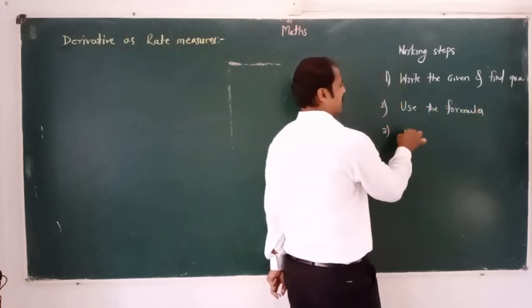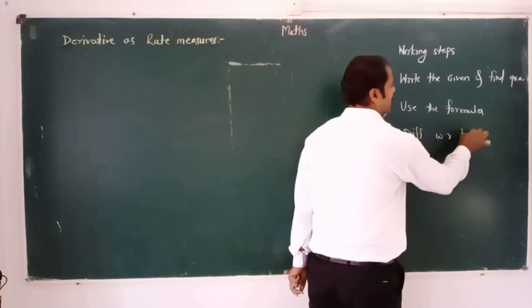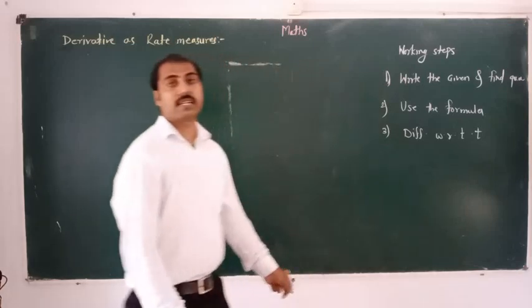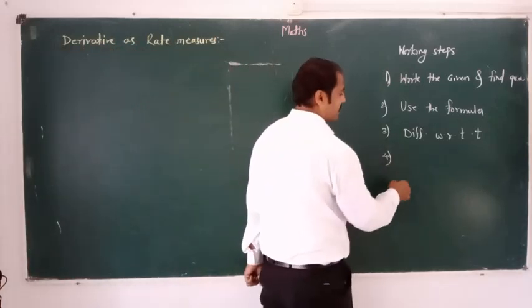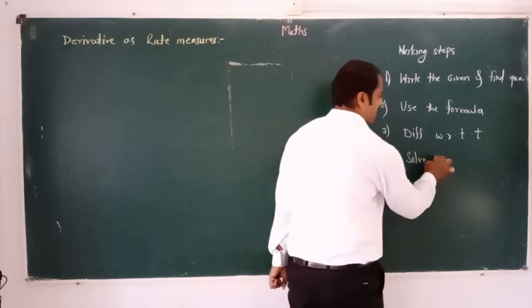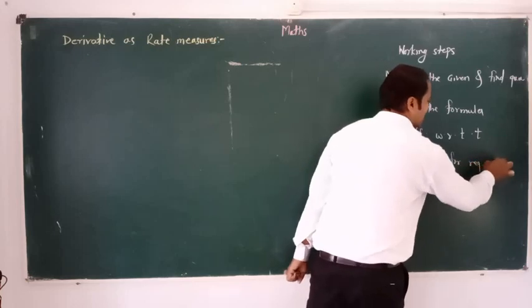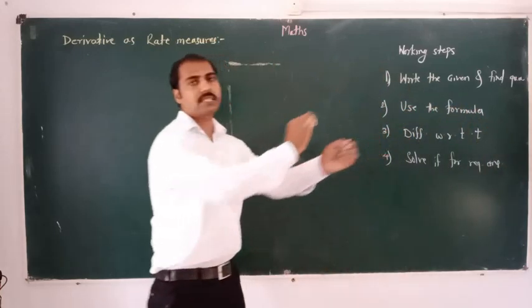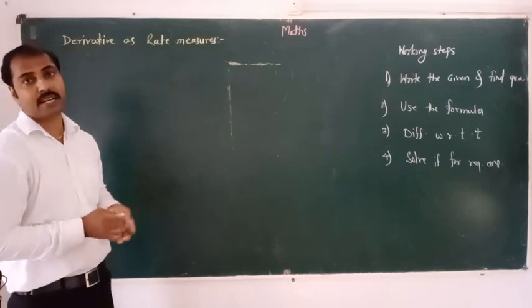Third step, differentiate that formula with respect to t. And fourth step, solve it for required answer. These are the working steps for examples on derivative as a rate measures.